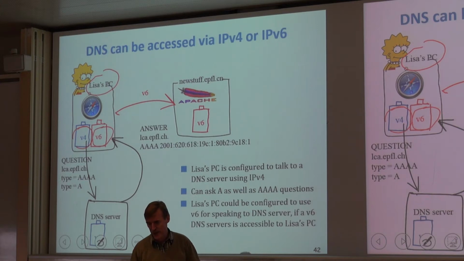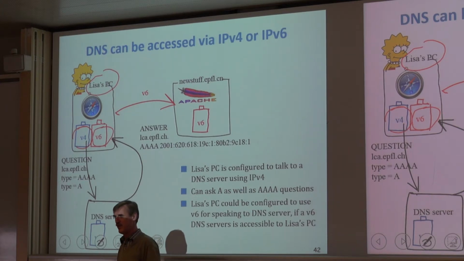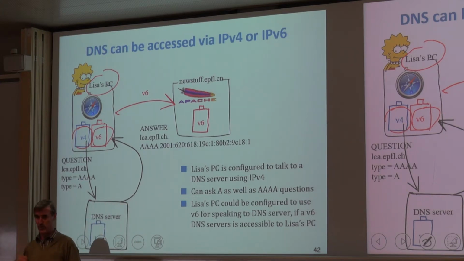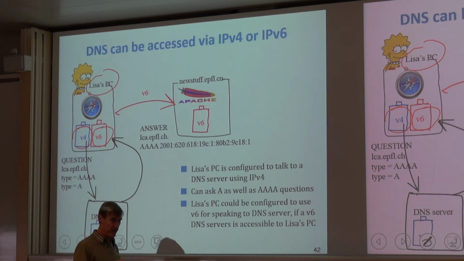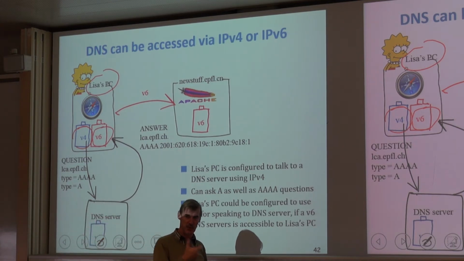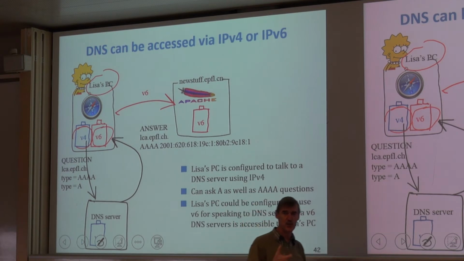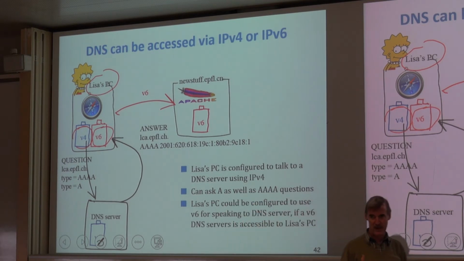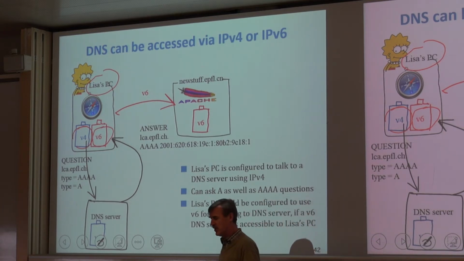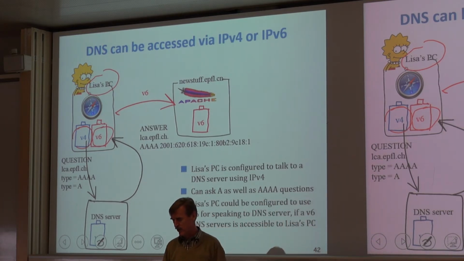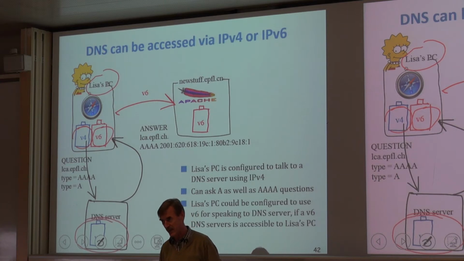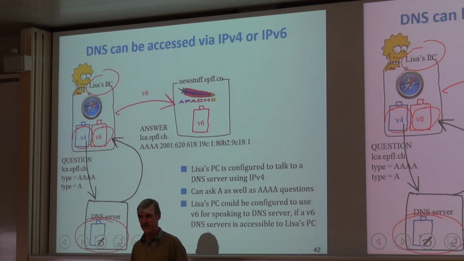I have now two ways to access the DNS server, either IPv4 or IPv6. Both are possible, both can be used, and both can be used to provide answers to both types of mapping. For example, it's perfectly possible to configure your machine to access the DNS server with IPv4 only and get answers over IPv6.